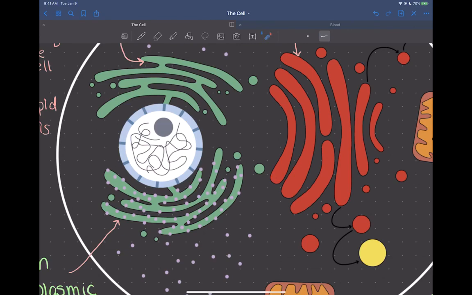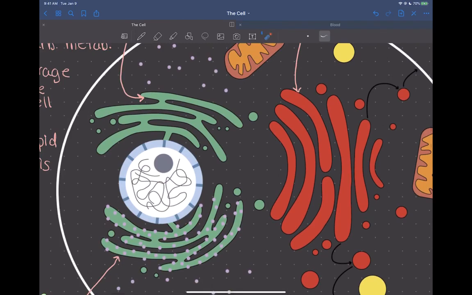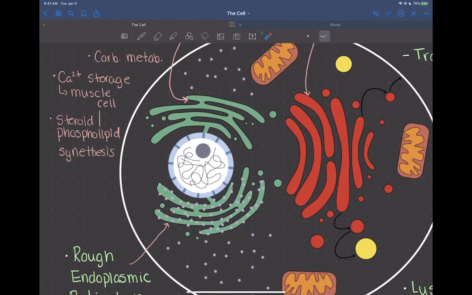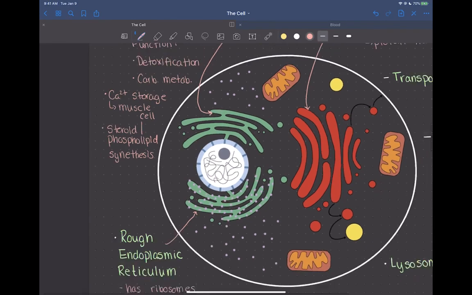As it moves from one layer of the Golgi to the next, it's modified slightly, and then it reaches our end point here. These pieces that are moving off of the Golgi, these little bubbles, are called vesicles.